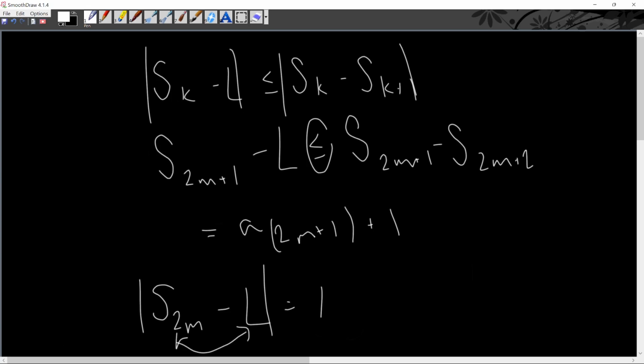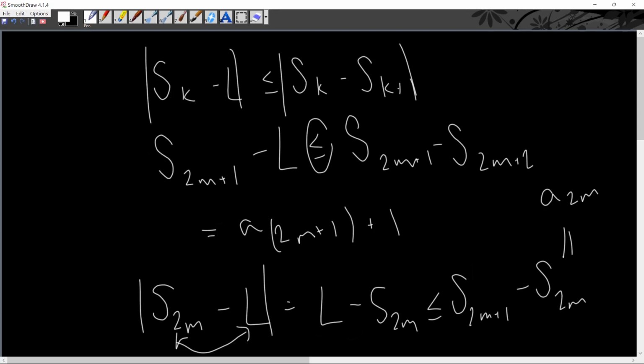We have L minus S sub 2m, and that's less than or equal to S sub 2m plus 1 minus S sub 2m, and again, the value that is left over from this is just the term that's left over. You have the sum up to 2m and the sum up to 2m plus 1, so the one term that's not accounted for is a sub 2m plus 1.